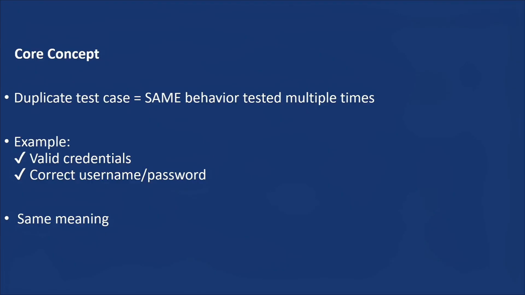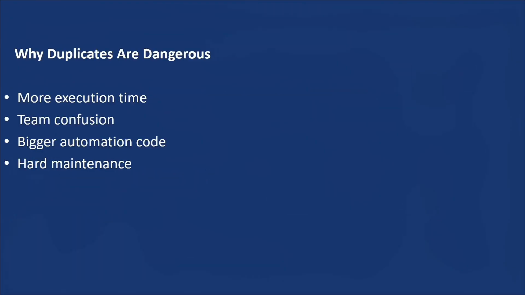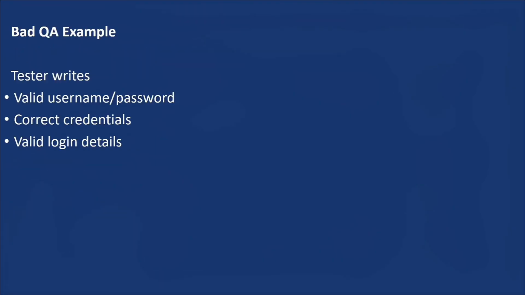It looks different but its meaning is the same. So why are duplicates dangerous? Because duplicates cause more execution time, confusion in the team, bigger automation code, and hard maintenance. So a smart QA test suite always looks clean.